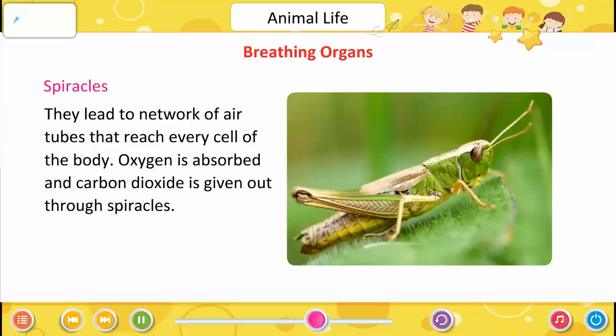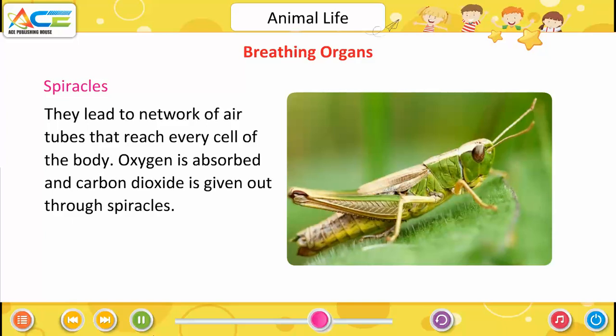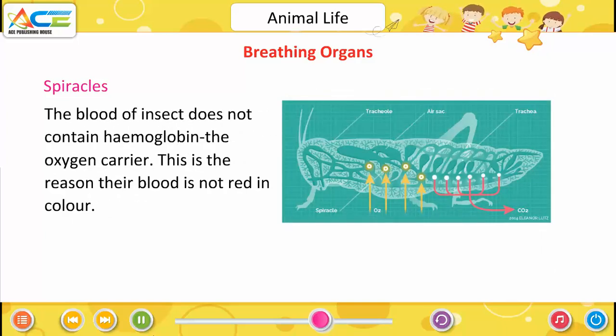Oxygen is absorbed and carbon dioxide is given out through spiracles. The blood of an insect does not contain hemoglobin, the oxygen carrier. This is the reason their blood is not red in color.